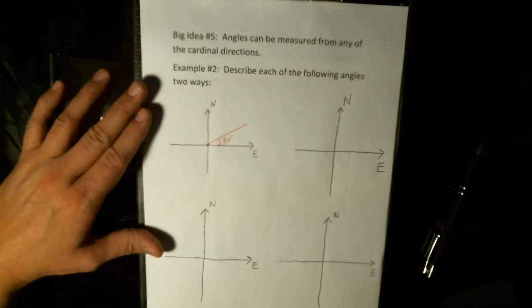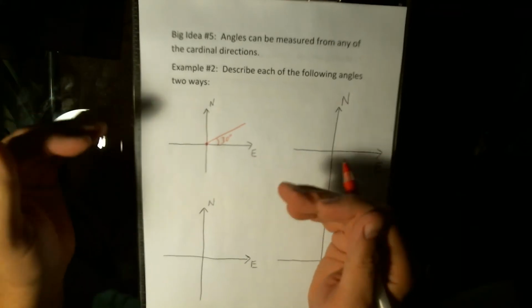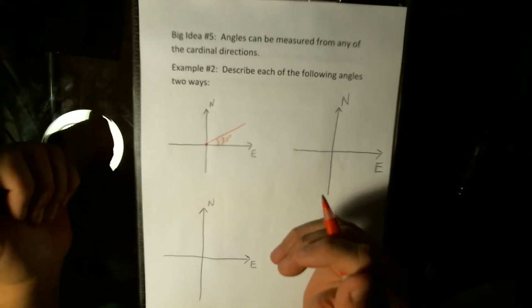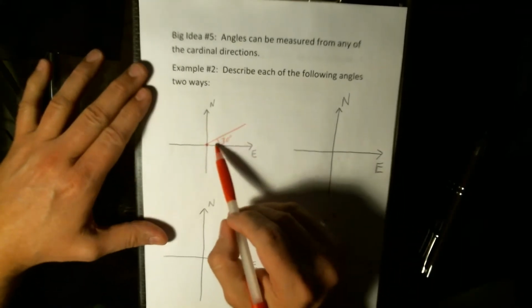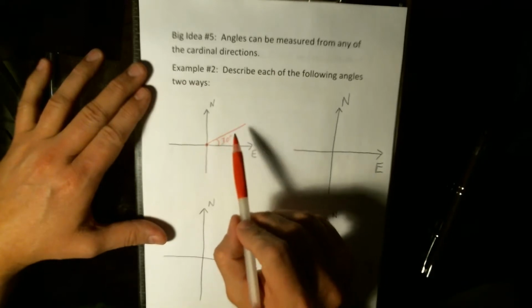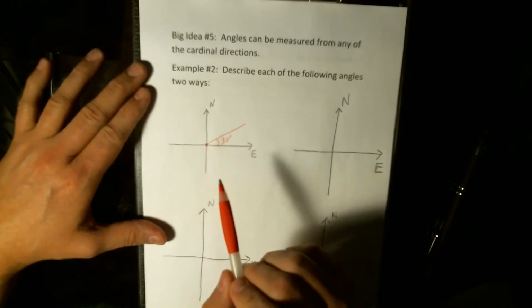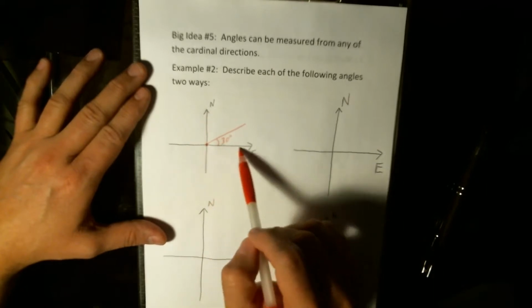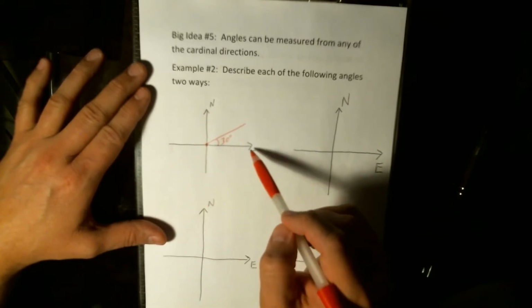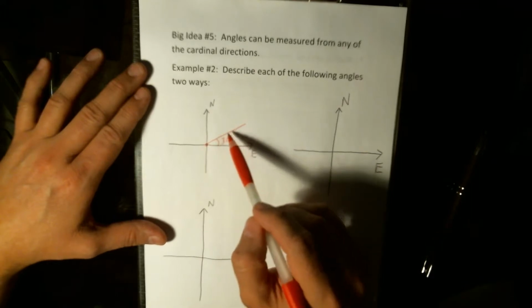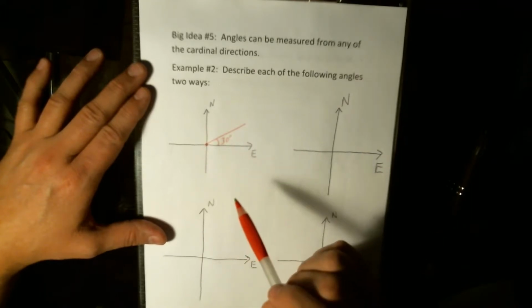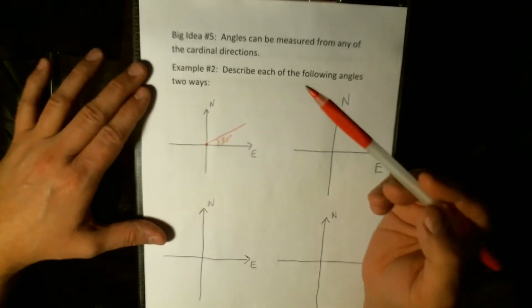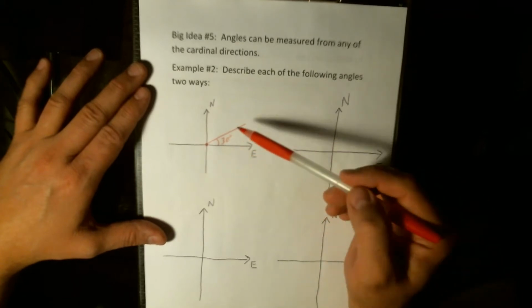There are many ways we could describe this angle, but in physics, we generally just describe this angle in terms of the two cardinal directions that are closest. So we have north, we have south, we have east, and we have west. What is closest to this line is north and east. So we're going to be able to describe this angle in terms of east and in terms of north.